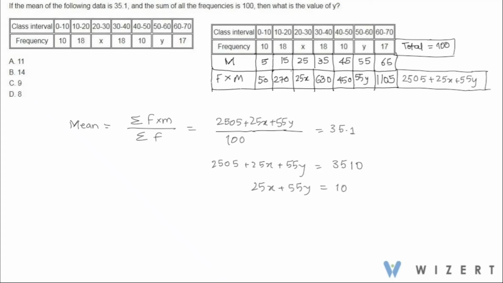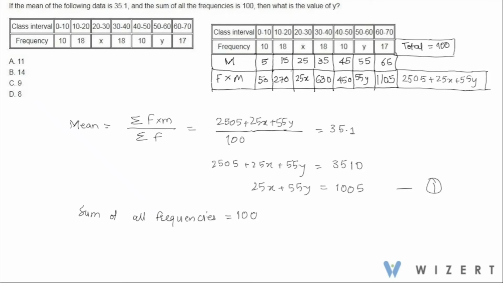So 1005. Now we are also given that the sum of all the frequencies is 100. So 10 plus 18 plus 10 plus 18 plus x plus y. Instead of this, I'll just write sum of all frequencies given as 100. Let me name this equation 1.